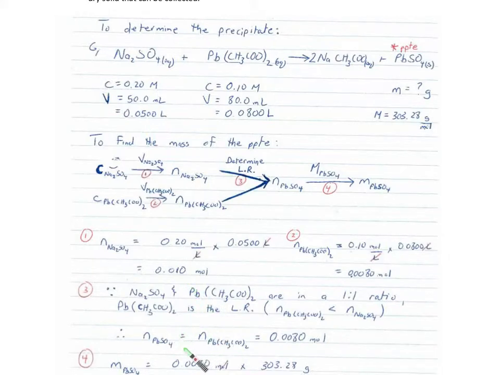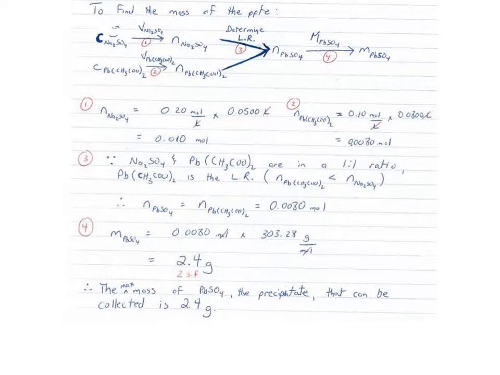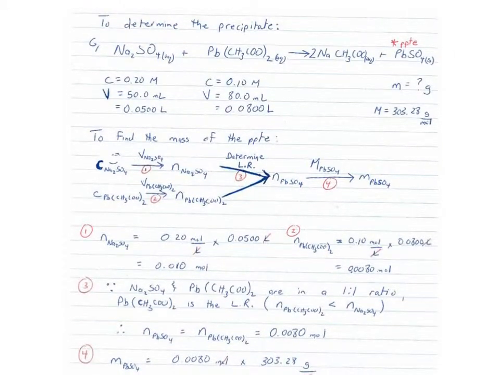To determine the number of moles of PbSO4, I can quite simply say that it is equal to the number of moles of the lead(II) acetate, because once again, the PbSO4 is in a 1-to-1 ratio with that lead(II) acetate.